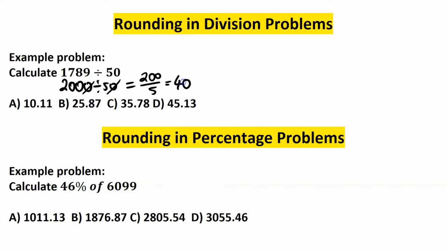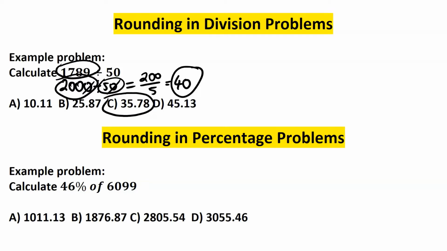So I know that would be about 40. Now let's think about the rounding that we've done. To get 40, I shared $2,000 between 50 people. I don't have $2,000, I've got a little bit less than that. So each person is going to get a little bit less than $40.